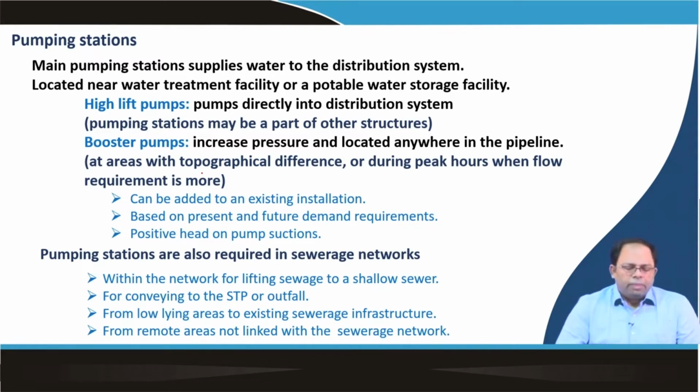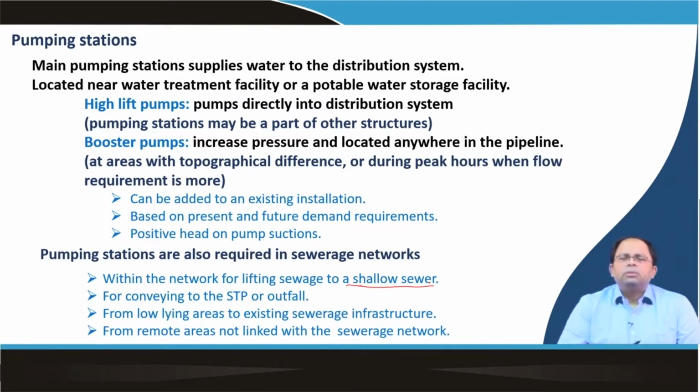So, pumping stations are required within the network for lifting sewage to a certain height, of course, and in most cases, sometimes in the sewerage network of pipelines, there could be shallow sewers. What shallow sewers means is that because of certain issues we have to lay the pipelines at an upper level.